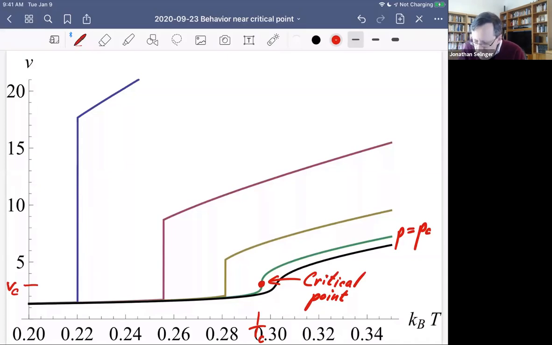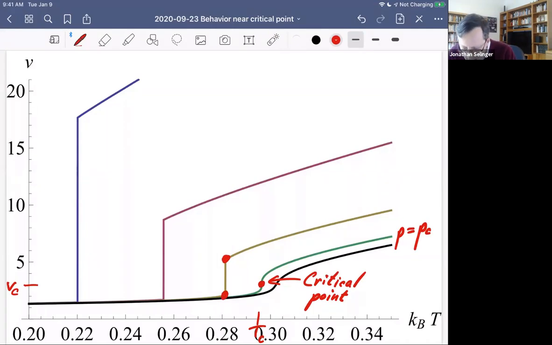Now, if we look at a temperature that is smaller, suppose we looked at this temperature right there. At that temperature, we know that the gas has this volume, and the liquid has that volume.